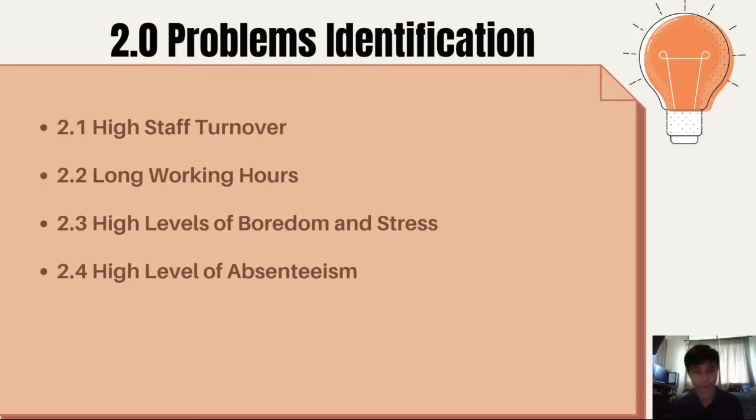So as for 2.0, which is problems identification, there are four problems that are identified. 2.1 is high staff turnover, 2.2 is long working hours, 2.3 is high levels of boredom and stress, and 2.4 is high level of absenteeism.